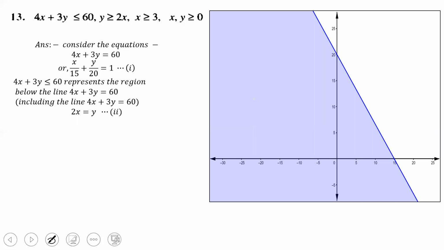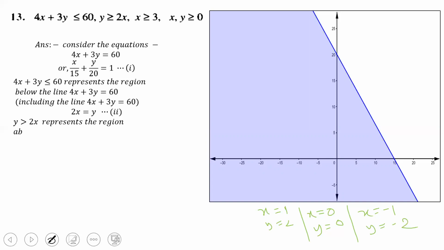Okay. Now next is y greater than or equal to 2x. If we consider the equation, it is y equals 2x. You can choose 3 points on this line. That is, if x equals 1, y equals 2; x equals 0, y equals 0; and x equals minus 1, y equals minus 2.